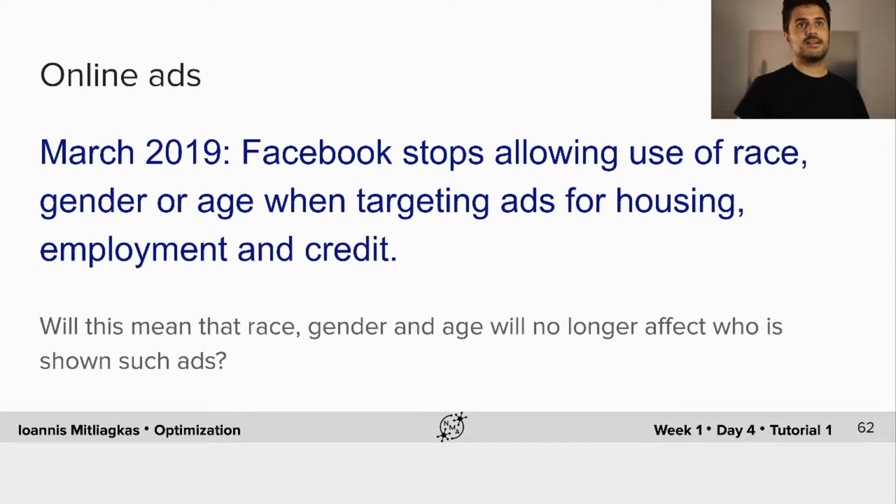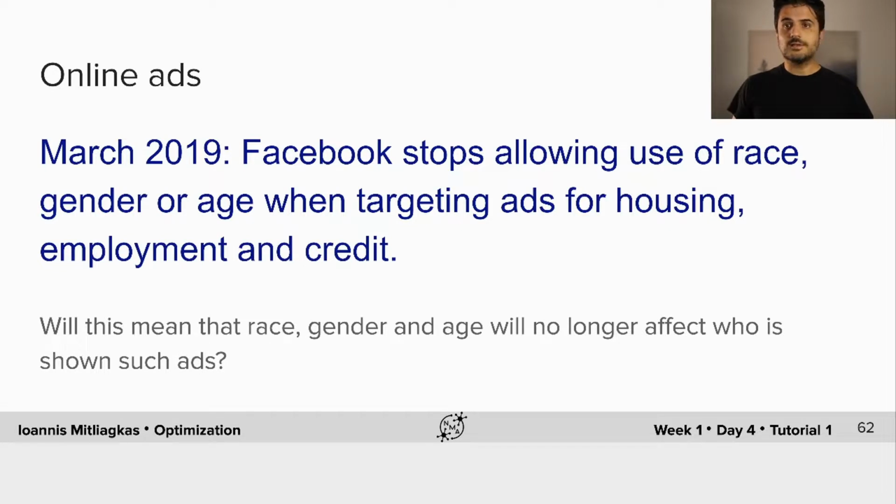So as a last example, it's a recent thing that Facebook stopped overtly allowing targeted ads. It used to be that I could target a very specific population. I want to hire someone who is male in this age gap, or who is female and is younger than 30 years old.